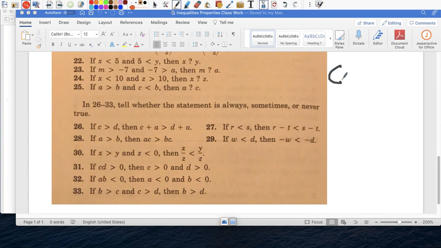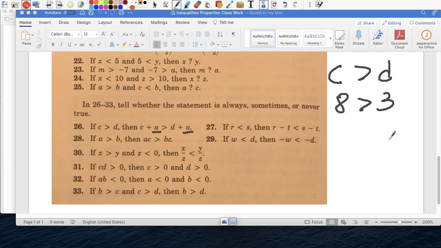So think about it. Here's C, which is greater than D. If you want to pick a value, pick 8 greater than 3. That's a statement, right? One number is greater than the other. And then let's say you add a value, let's say you add A to both sides.